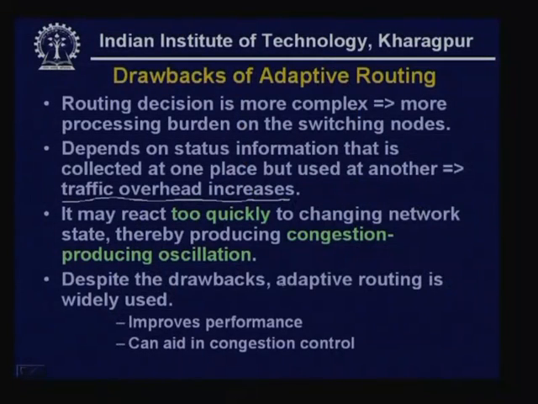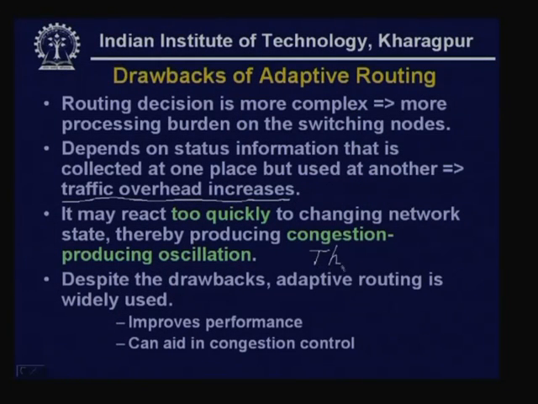Suppose there is a traffic jam in a particular part of the city, and very quickly all the traffic is diverted to another part of the city. So, very quickly there will be a traffic jam in that other part of the city, and this way the traffic will hop between two areas instead of going to the destination. So, a somewhat similar situation can arise here.